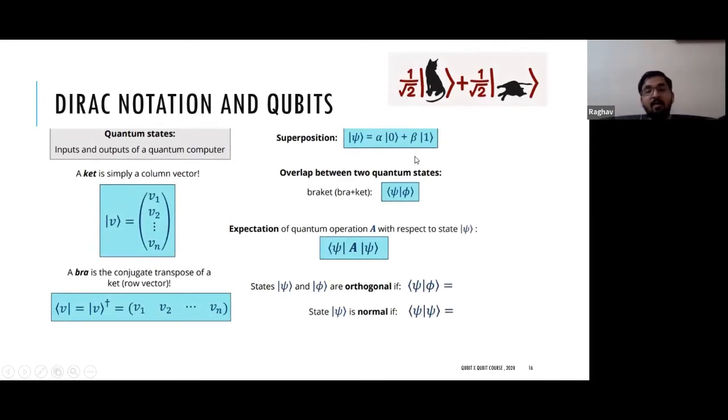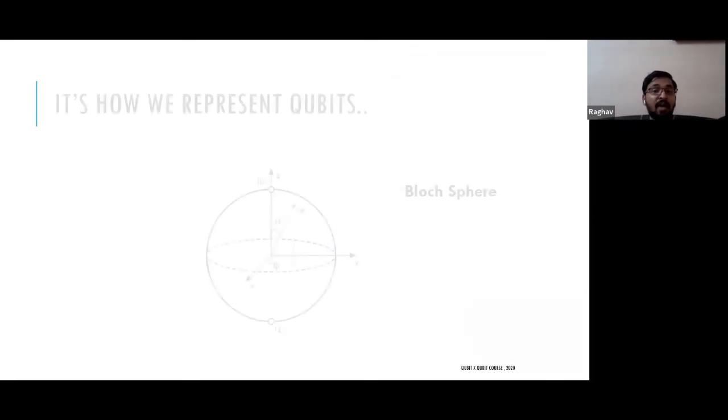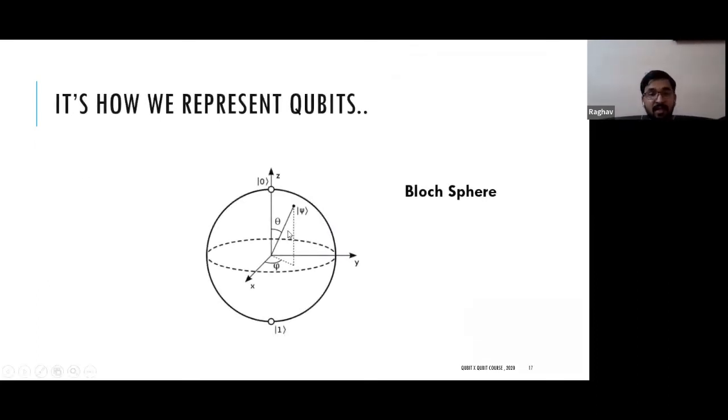I said that we will represent our quantum system using an orthonormal basis, so their angle should be 90 degrees, but you can see here it is 180 degrees. The 0 qubit and the 1 qubit have an angle in between of about 180 degrees. So why is it so? We will learn about that, why it is 180 degrees. There are historical consequences due to which we use this.